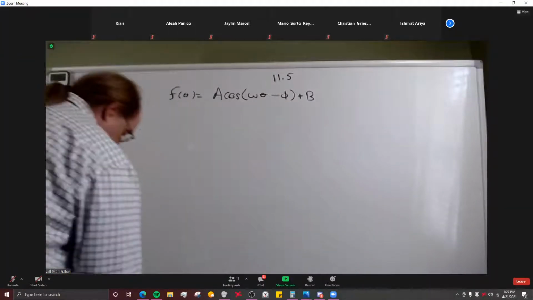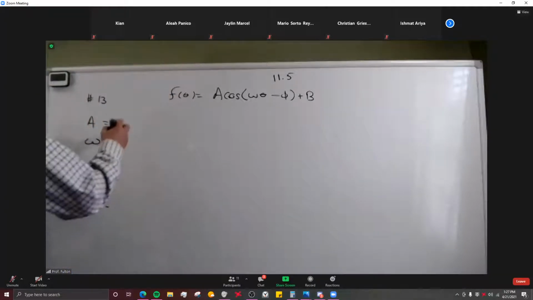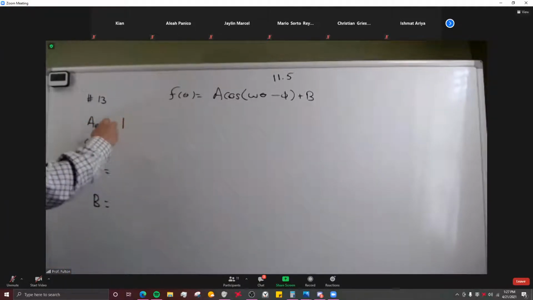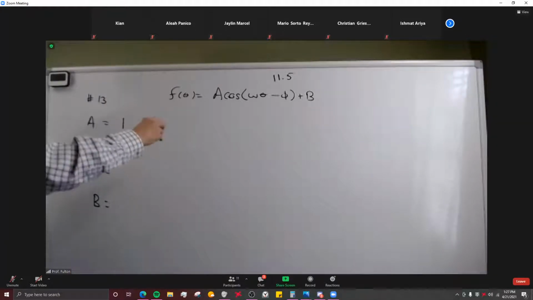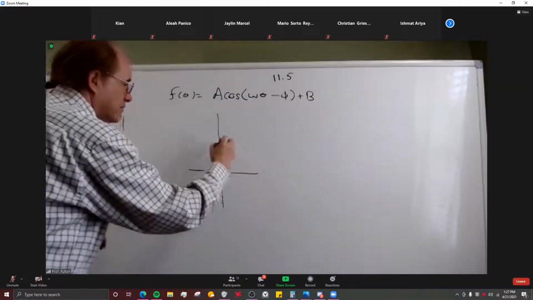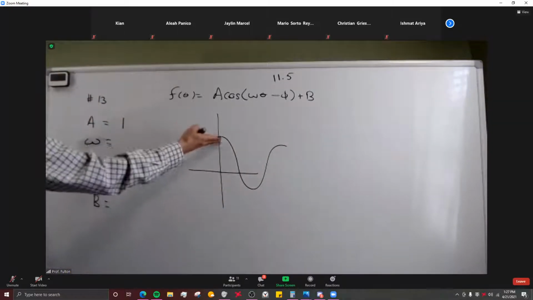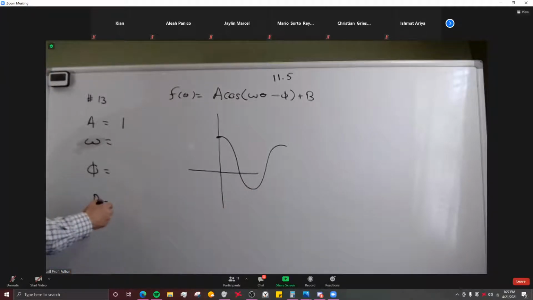So A, we saw that because it just goes from -3 to -1, total distance of 2, it's half of that, so A is 1. And the reason it's positive 1 is because cosines, remember, start up here. But this one is now shifted down. I mean, that's not a phase shift, the offset is down 2.